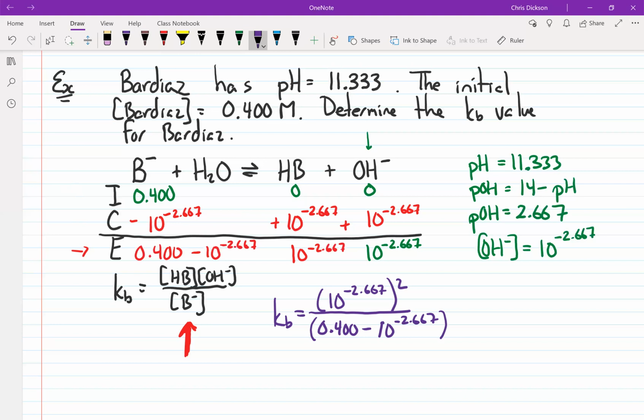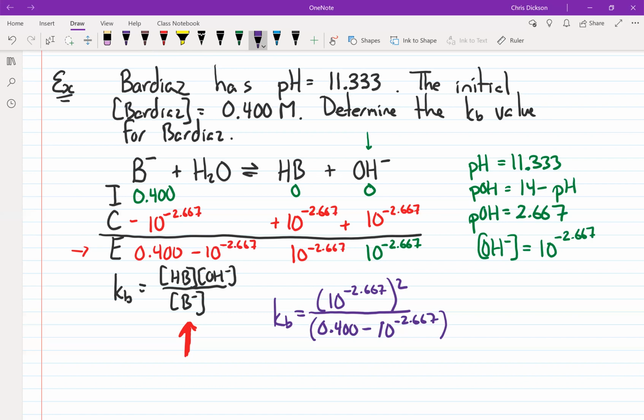On my calculator, I have 10 raised to the negative 2.667, and then I need to square that number. And then I'm going to divide that by bracket 0.4 minus 10 raised to the negative 2.667, and then close that bracket.